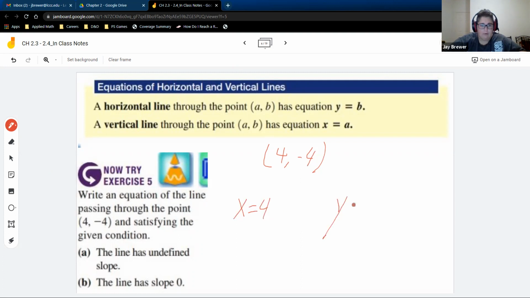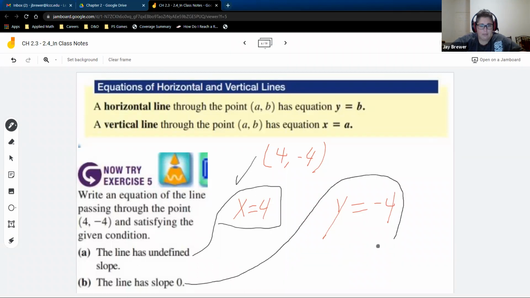Our y component is y equals -4. This is an undefined slope equation. And this is a zero slope equation. That's it. That's how easy that one is. So hopefully you guys think the same.